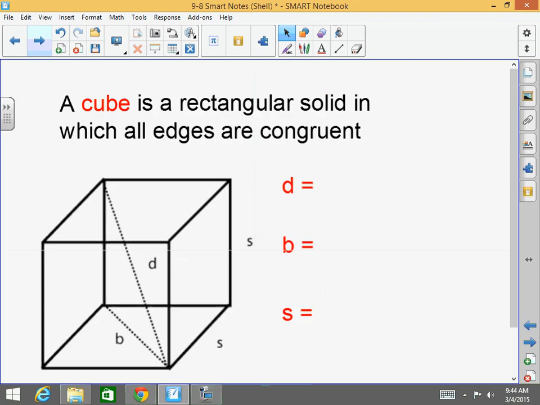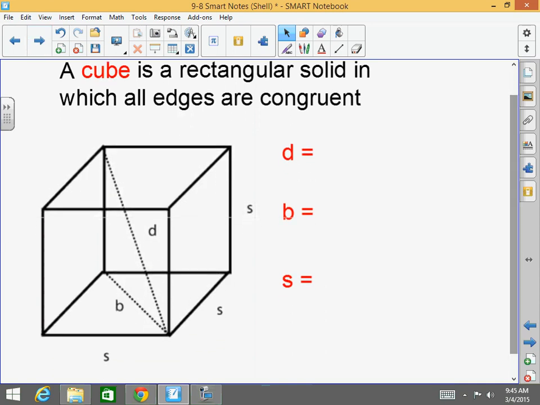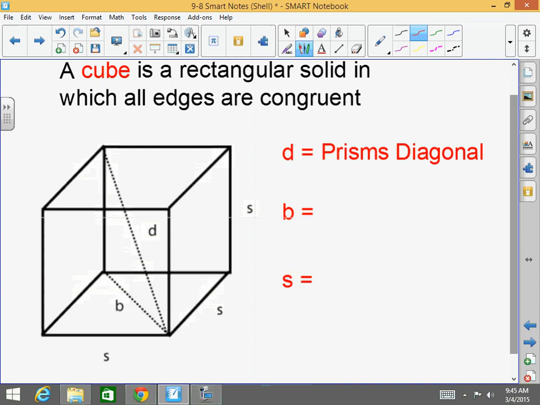A cube is also a rectangular solid, but where every single side is a square and all of the edges are congruent.